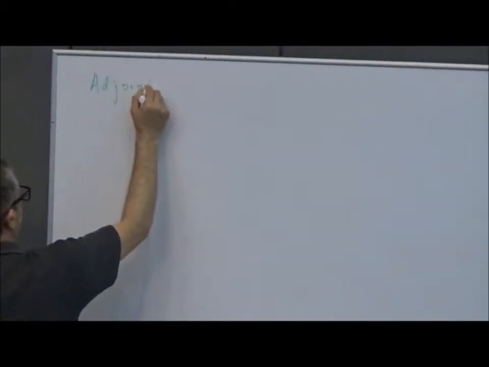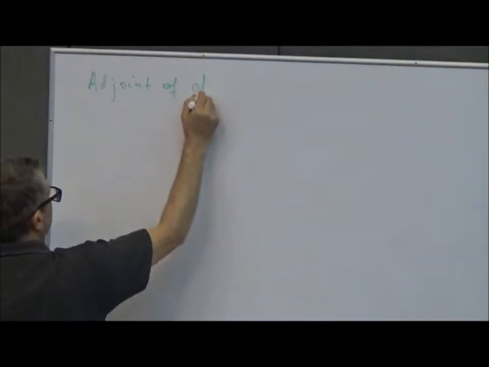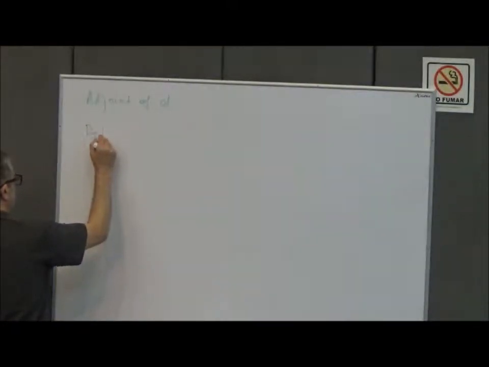You've got a metric, you can actually go and do something else. Just look at adjoints of d. We have an inner product. So here's my definition. Well, it's not mine.